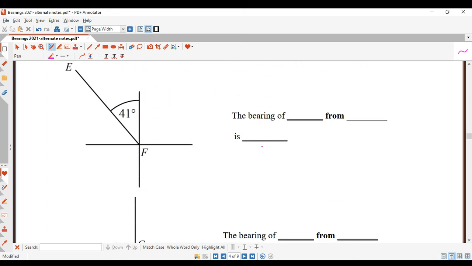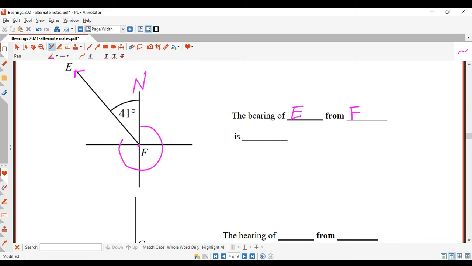Now, what about this one? You can pause the video if you like and have a go at this one. This is the direction. You're standing here. So the bearing of E from F is, now we need the clockwise angle from north. There's north.